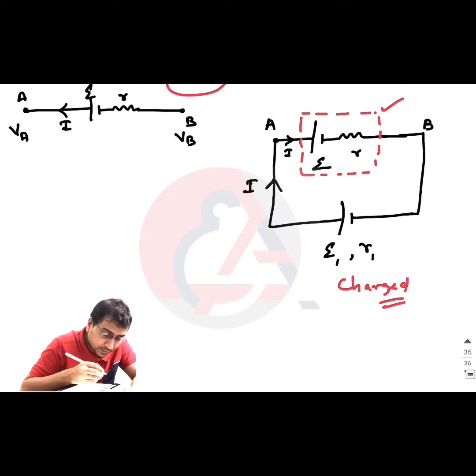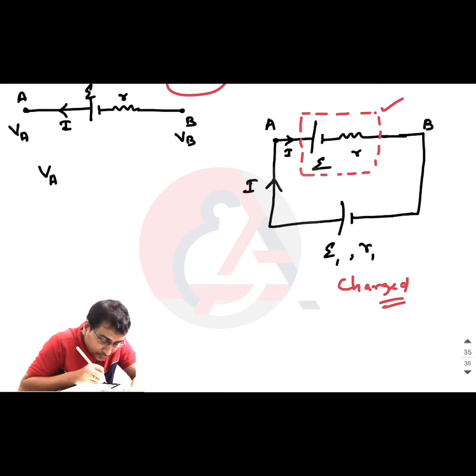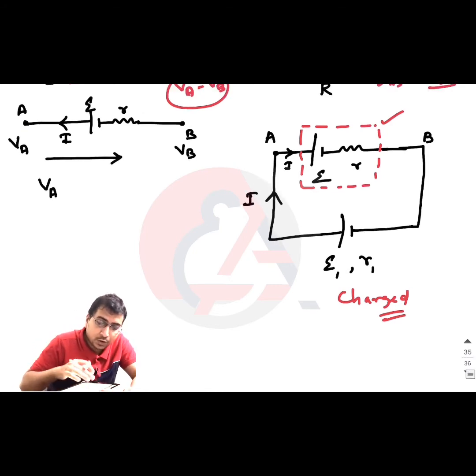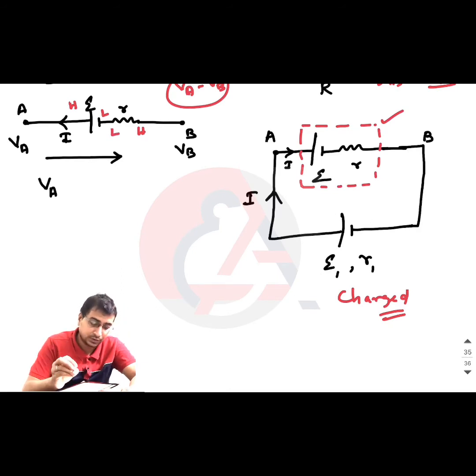Now, when you are starting at point A, you have a potential of VA. When you are going from A to B, what are all the devices that you are encountering? Since the current across the resistor is flowing from B to A, this point is at higher potential and this is at lower potential.